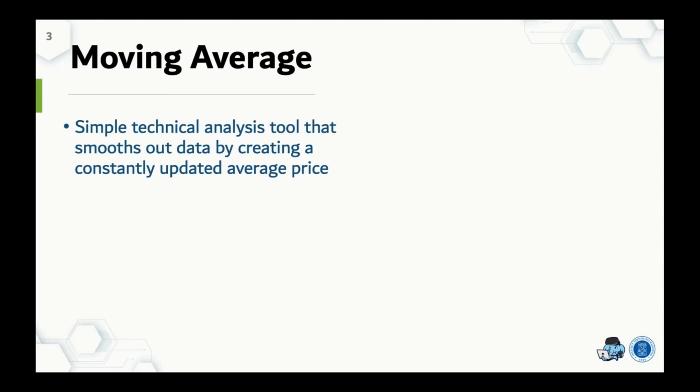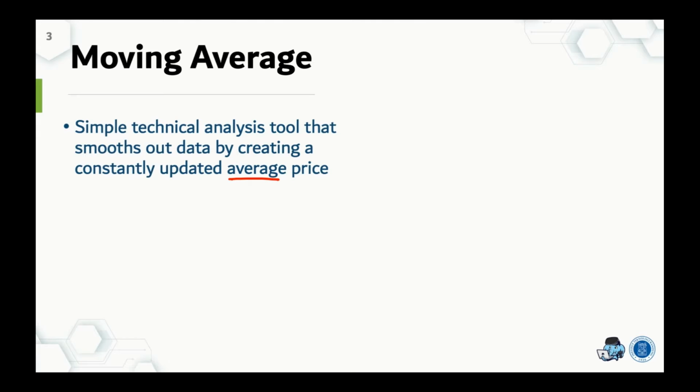Let's discuss the next method in time series forecasting, which we call the moving average. The moving average is a simple technical analysis tool that smooths out data by creating a constantly updated average price. Previously, we just copied from the most recent period, only one, and it became the estimate of the demand.